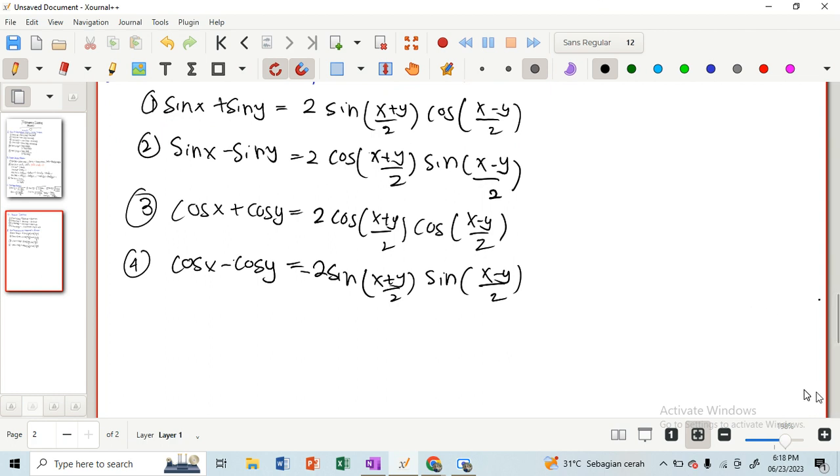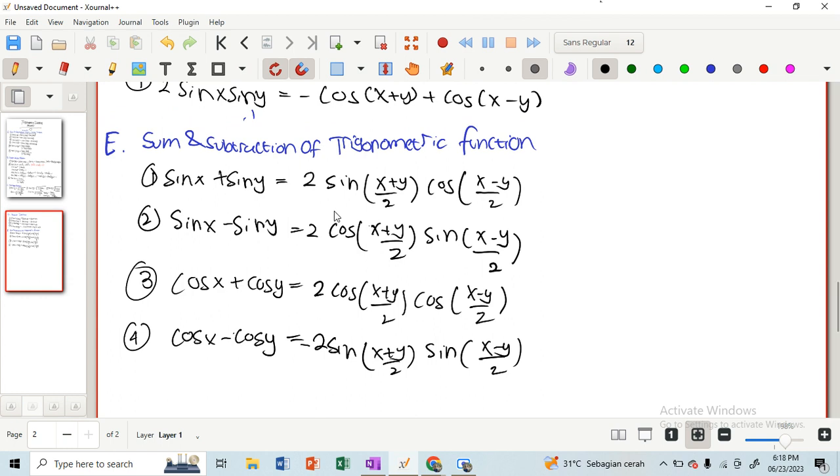Now, we use this a lot. So we use this sum and subtraction of functions a lot.